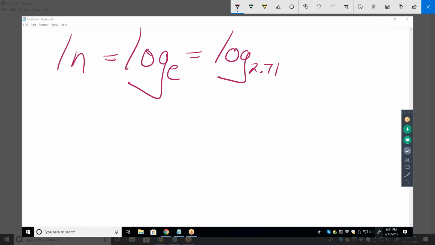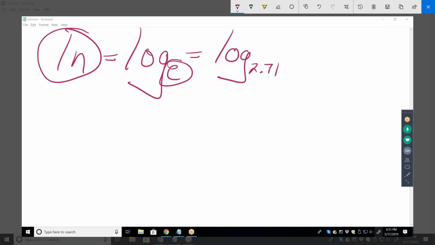Nothing wrong with having a fractional base. And e is one of those special numbers like pi. It's probably the second most important number in all of math. That's saying something.